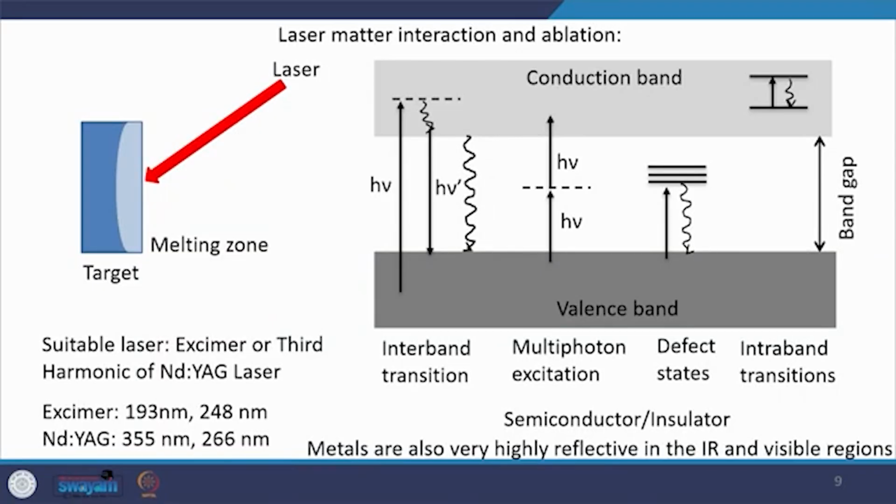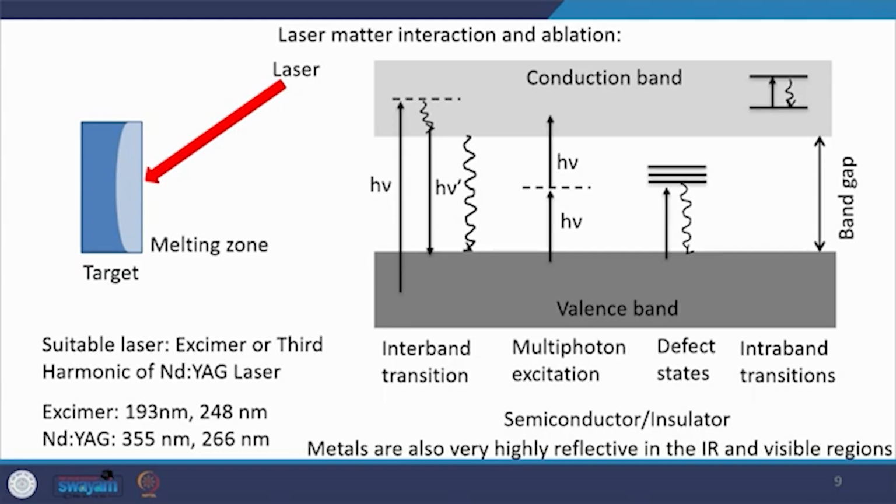This is the interband transition. Generally, if we use a laser wavelength with energy greater than the band gap, one can expect interband transition, which is very efficient, with single photon excitation.